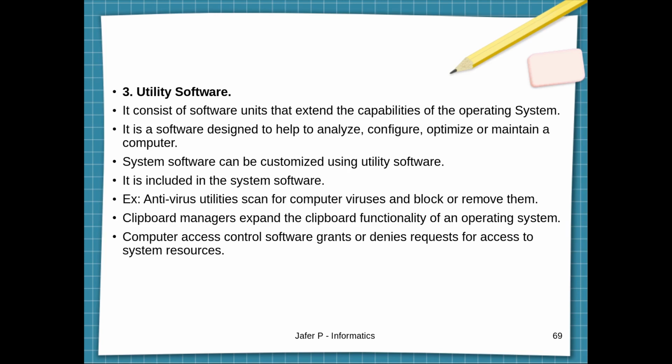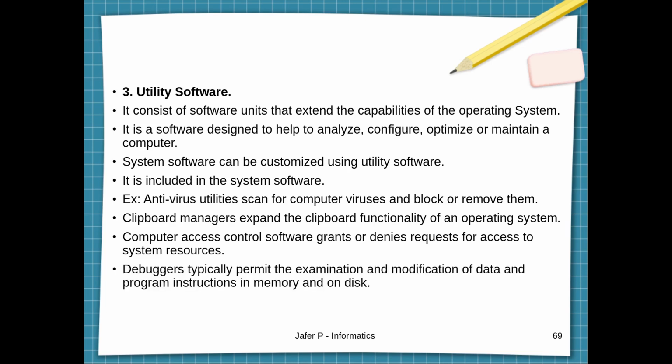An administrative user has full power to access all the resources of a computer system, but sometimes a normal user cannot access all the resources of a computer system, right? That depends on the role of a user. So this is done through computer access control software.